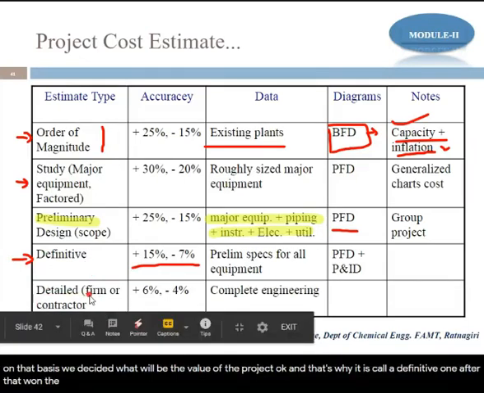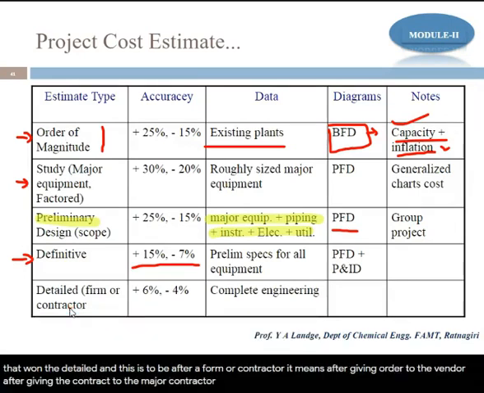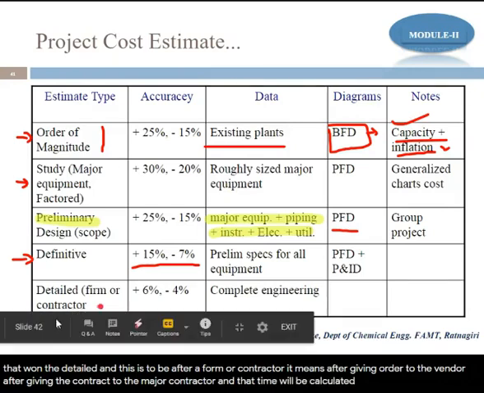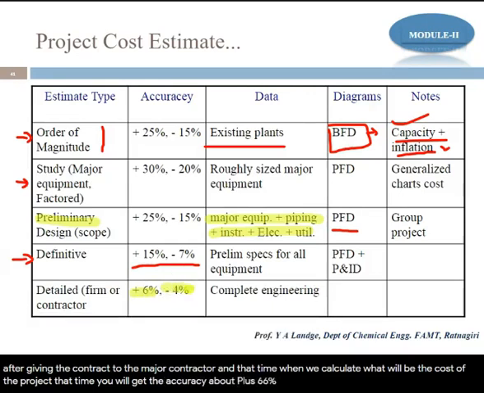After that comes the detailed estimate, and this is after a firm or contractor. It means after giving the order to the vendor, after giving the contract to the major contractors, at that time when we calculate the cost of the project, you get an accuracy of about plus 6% and minus 4%.